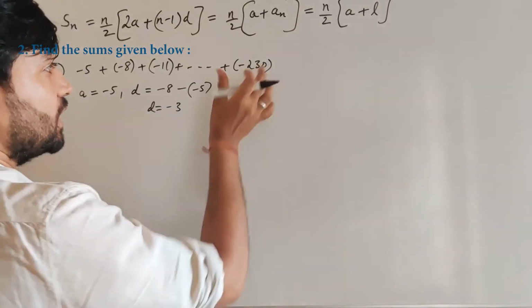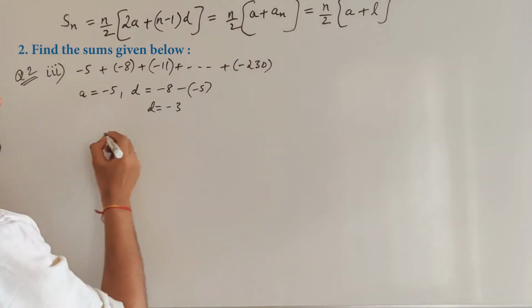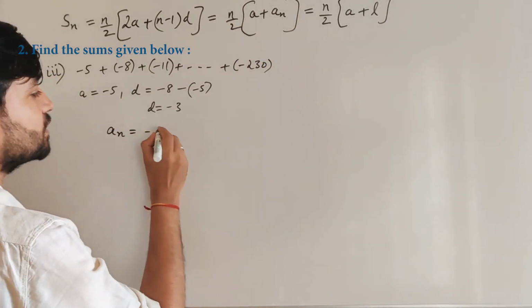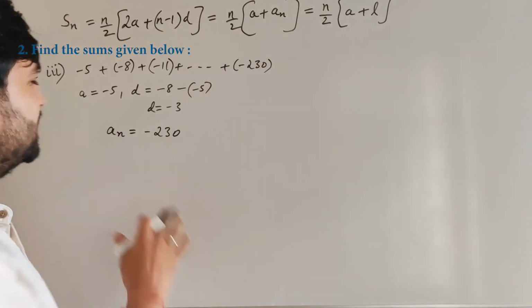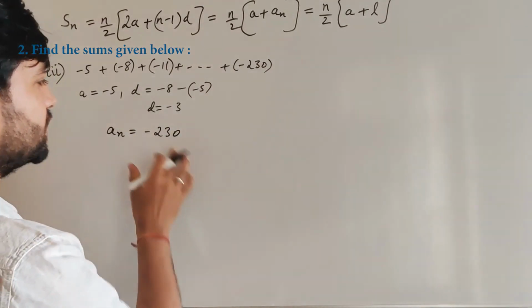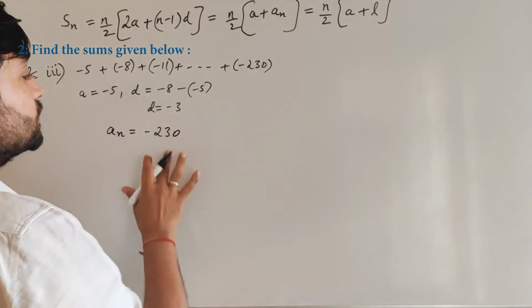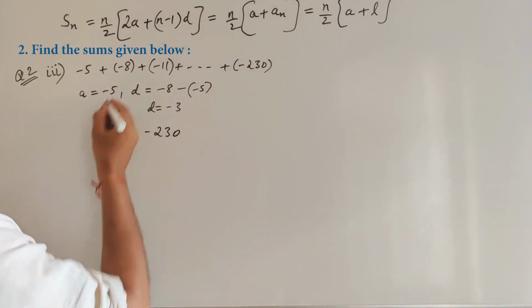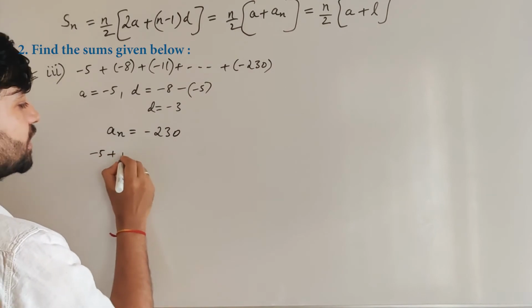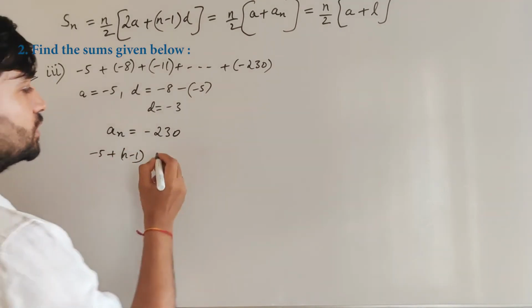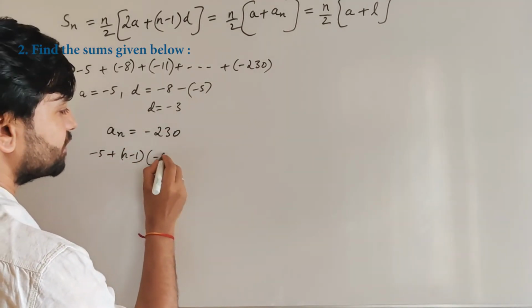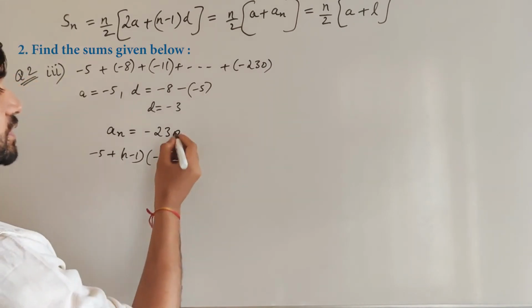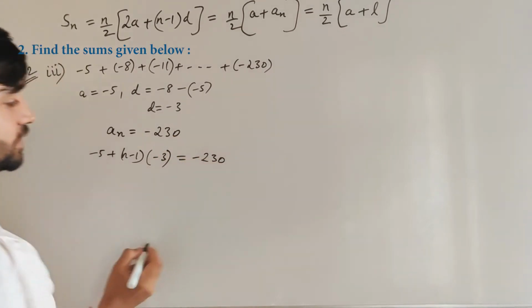We know the nth term, the last term is given here, which is minus 230. An is minus 230. An or L, we can call it L as well, the last term. An formula is a plus n minus 1 into d. A plus n minus 1, n is unknown, into the common difference value, minus 3, in the brackets, is equal to minus 230.